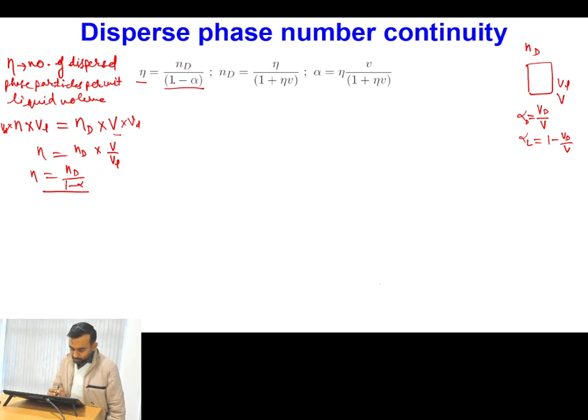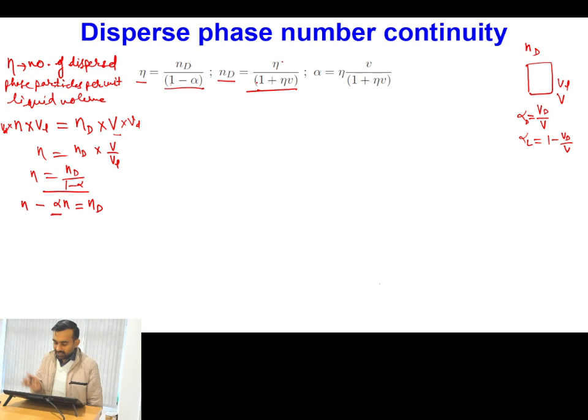Likewise, I am not doing it again, but you can also try that if you multiply this, eta equal to eta d by 1 minus alpha, and then if you replace alpha in terms of volumes, you can get eta d equal to eta by 1 plus eta V. Similarly, if you do more algebraic manipulations, you will find alpha equal to eta into V by 1 plus eta V. Where what is this V?